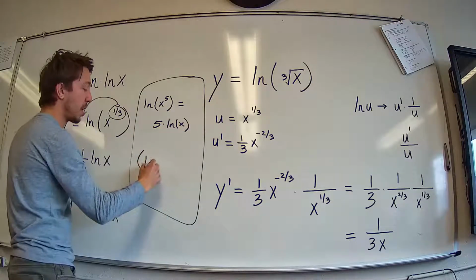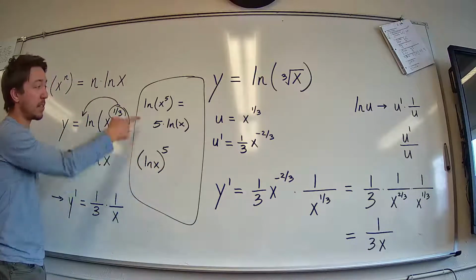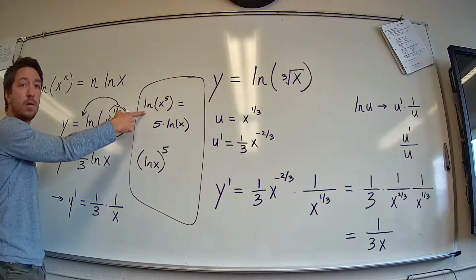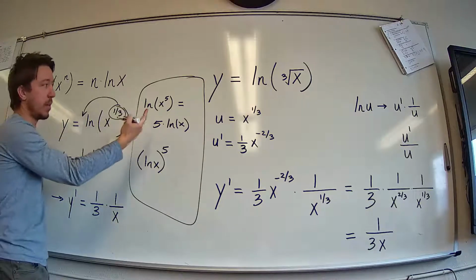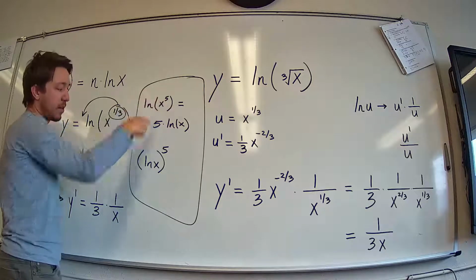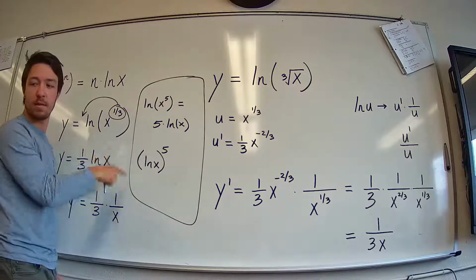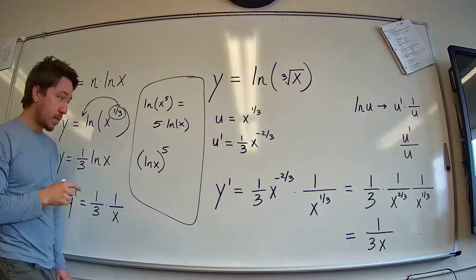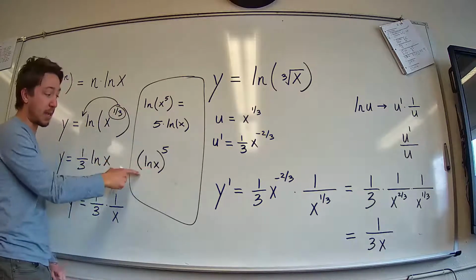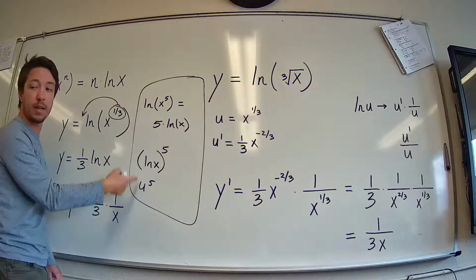But if you have the log of x, then to the 5th, that is not the same as that. Order of operations: this thing, you take the 5th power of x and then take the log of it. This one, you take the log of x and then raise it to the 5th power. So if you're doing calculus on this, you've got to treat this like a u to the 5th. That's how you've got to treat that.